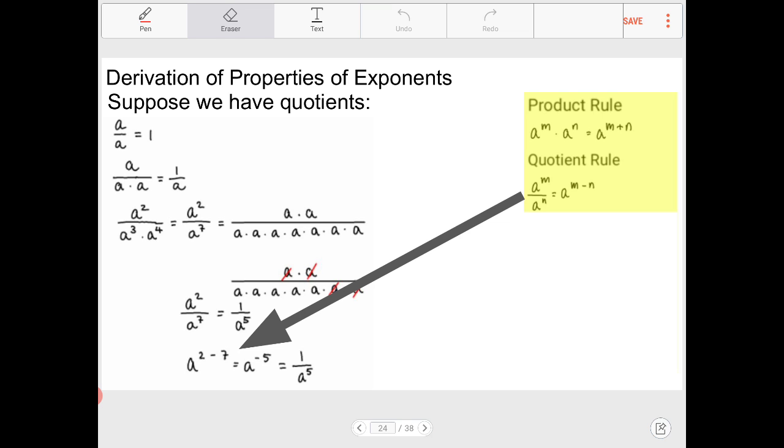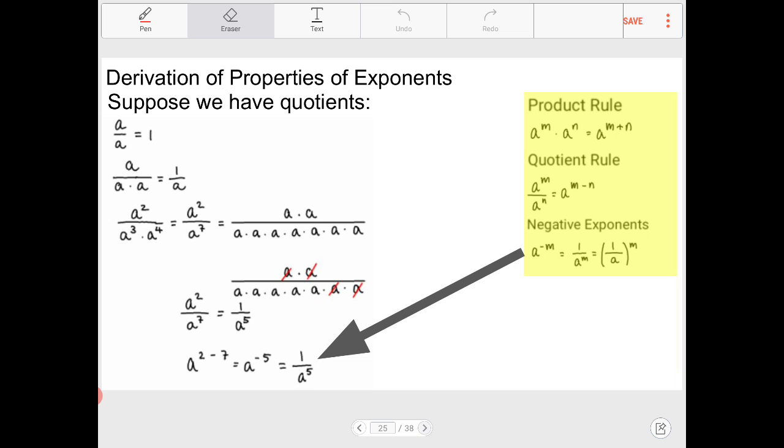Something else needs to be pointed out in this demonstration, and that is this idea of negative exponents. If I have a base raised by a negative exponent, which I do have in this case over here, a to the negative fifth, that is equivalent to 1 over a to the fifth.